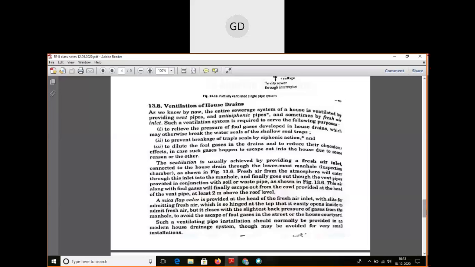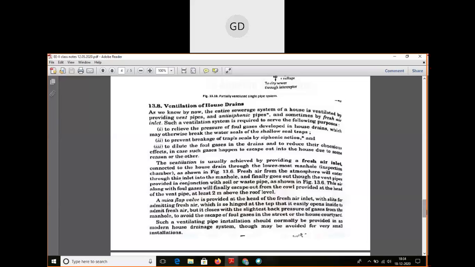The water seals of the shallow seal traps will break. Then again, it is also used to prevent breakage of trap seals by siphonic action, and it is used to dilute the foul gases in the drains and to reduce their obnoxious effects in case such gases happen to escape.